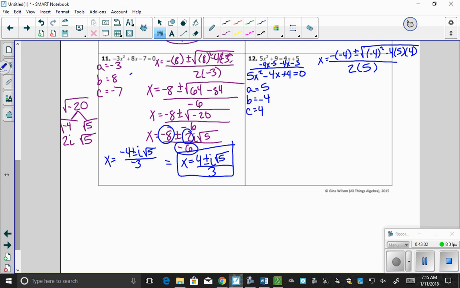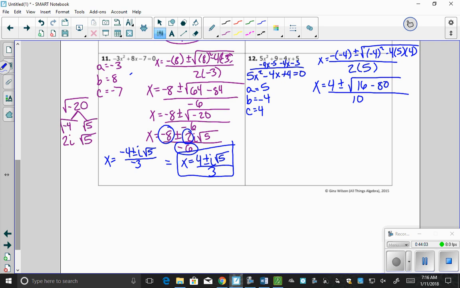So these problems are just memorizing the formula and doing it over and over and over again. So I'm going to have x equals positive 4 plus or minus the square root of negative 4 squared is 16. Negative 4 times 5 times 4 is going to give me negative 80, all over 10.